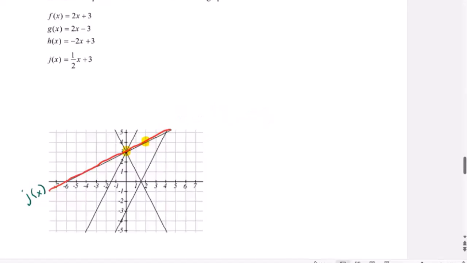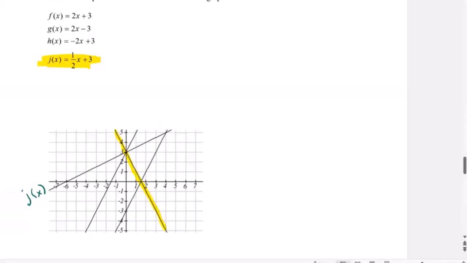And I'm going to get rid of everything because they're all going to interfere with each other if I don't. Well, one that's really easy to see is this one right here, because if you look closely, that looks like the only line that's decreasing.